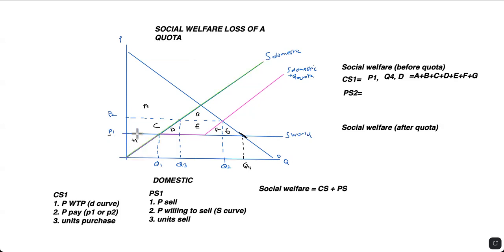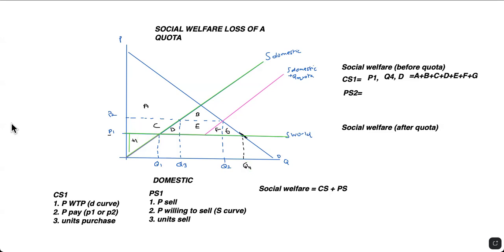So they were selling at P1 and they were willing to sell on this domestic supply curve. And even though the consumers were able to buy Q4, the domestic producers only sold Q1. That's where the supply curve meets the quantity there.